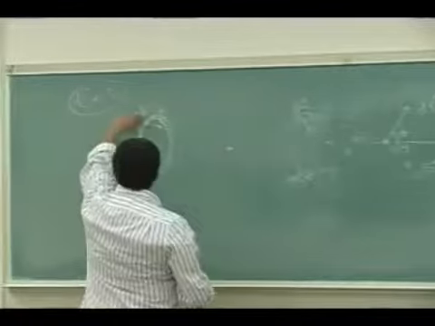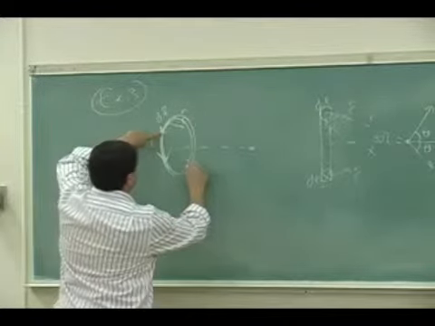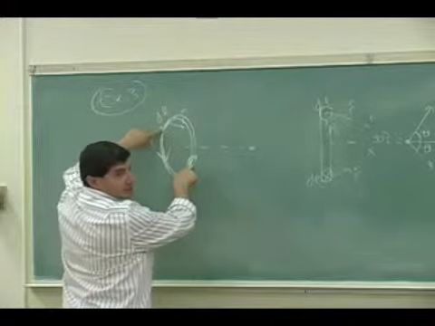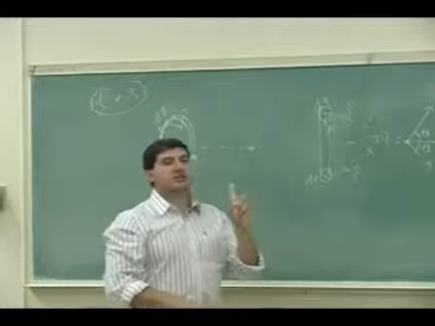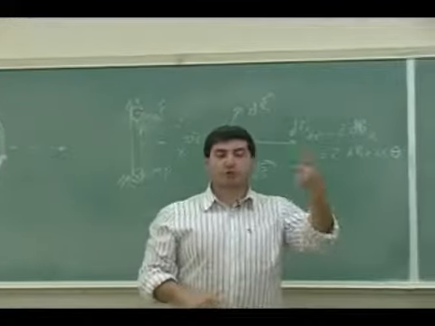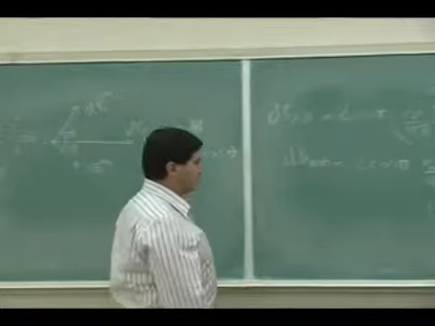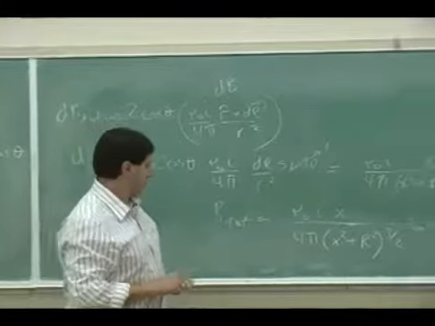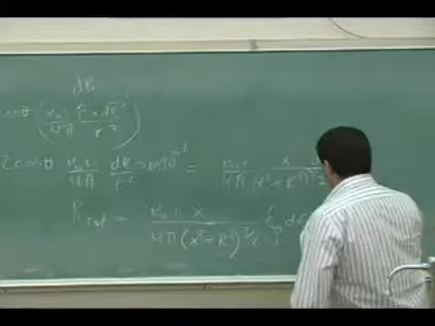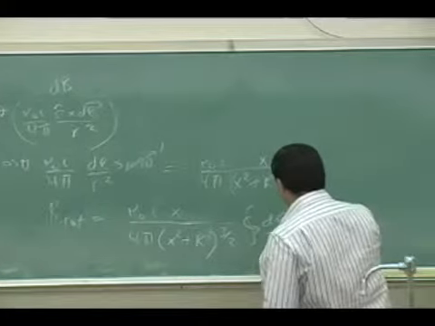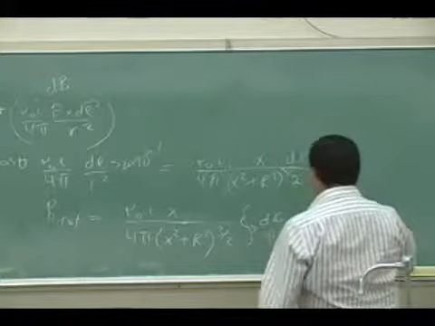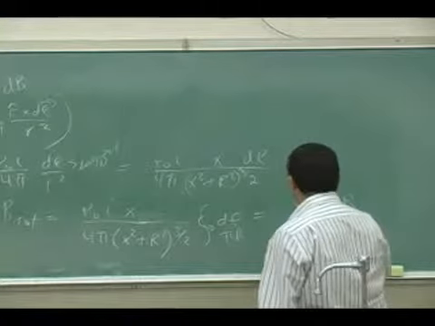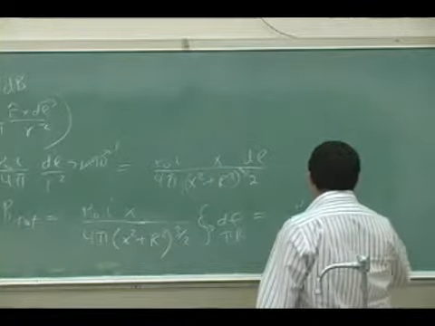That means every element that has, let's say this one, has a counter element here. This one cancels with that one. The y components cancel. So when I'm integrating, I should only integrate over half the circle, because I've already used the symmetry. So I should only integrate this over half a circle, which will become pi r. So the final answer, this will become pi r. So the pi and the pi will cancel. So I'll get mu 0 I x r over 4 times x squared plus r squared to the 3/2.